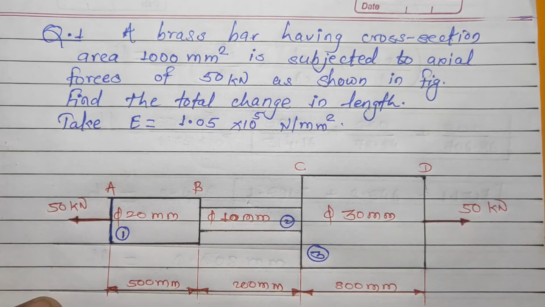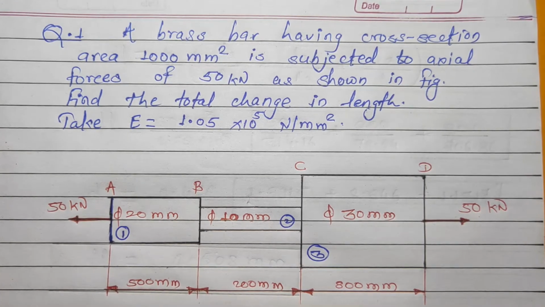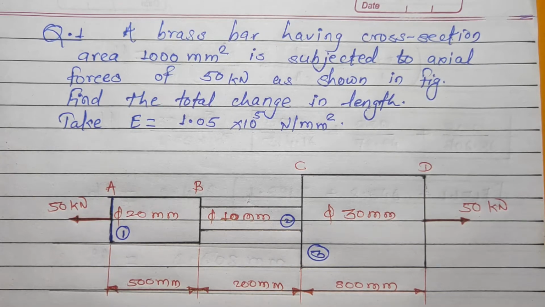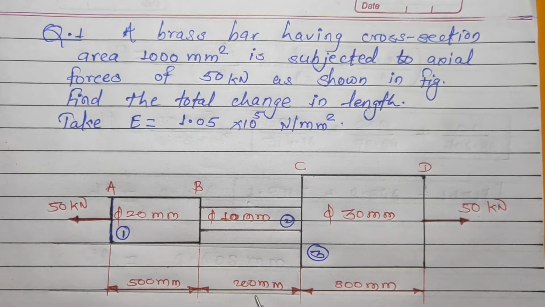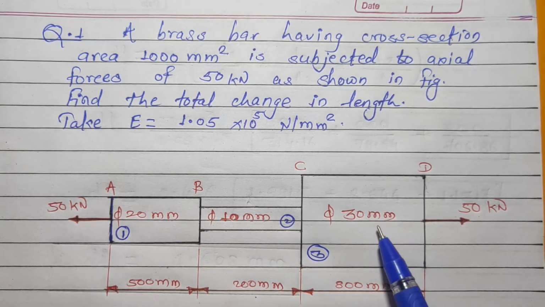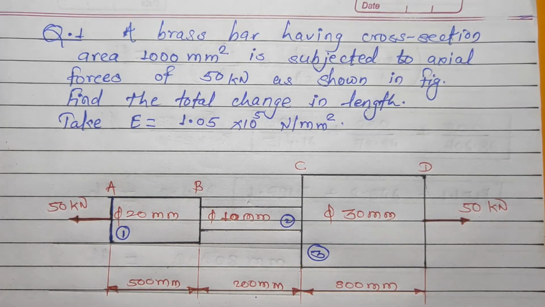So a diagram is given for this problem. As shown in the diagram, we have this component with three sections. The first section has diameter 20 mm and length 500 mm. The second section has diameter 10 mm and length 200 mm, and the third section has diameter 30 mm and length 800 mm.